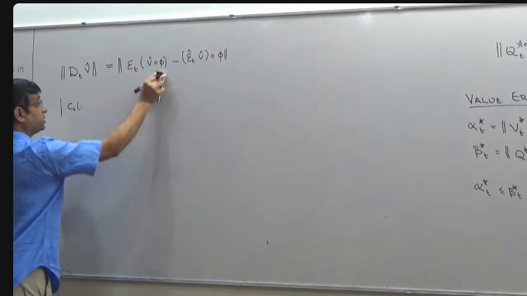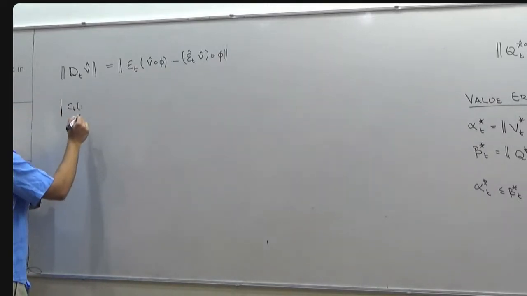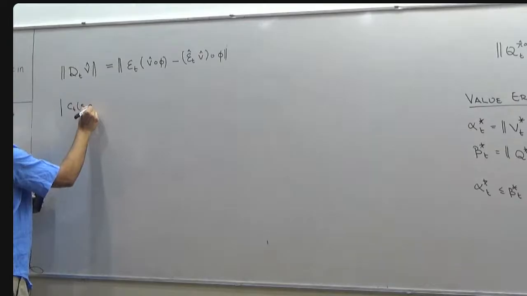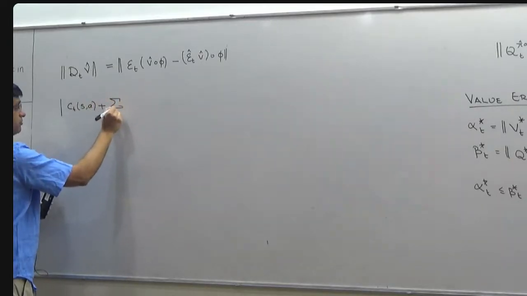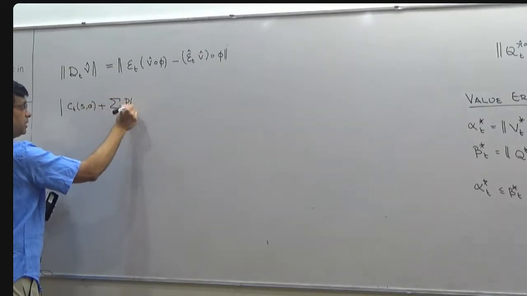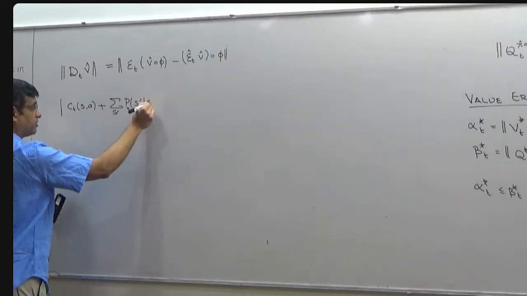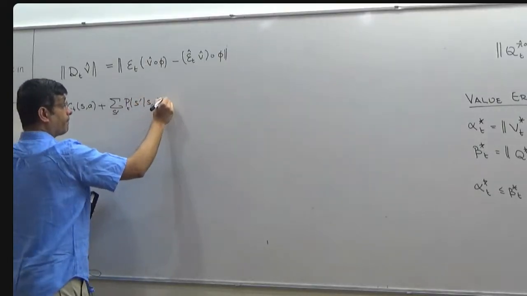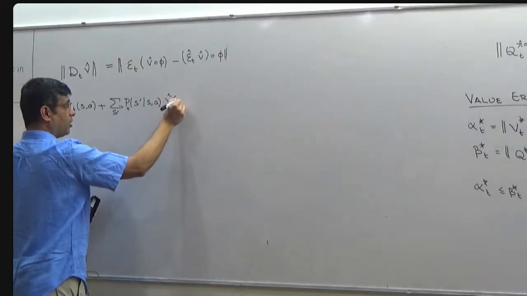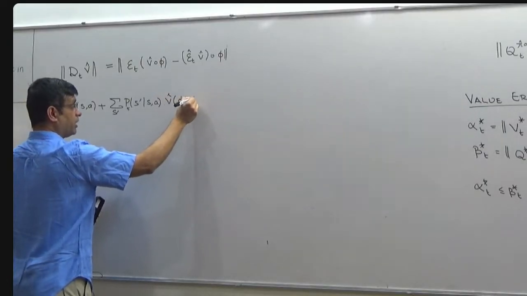Let me write this again. This is V hat composed with phi. Summation over S prime P t of S prime given S A, V hat of phi of S prime.